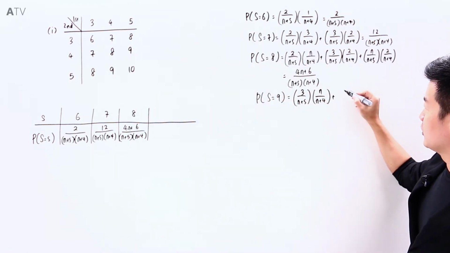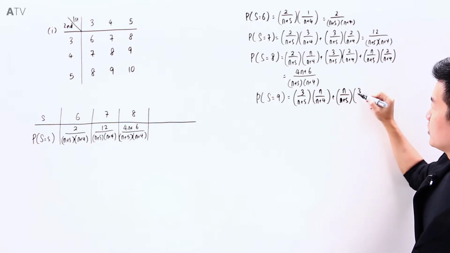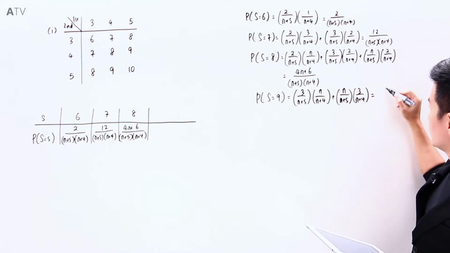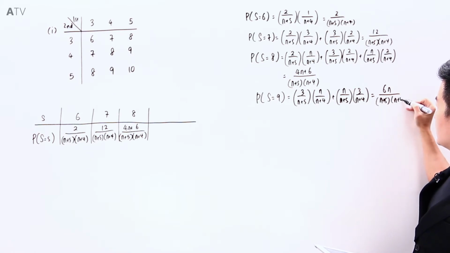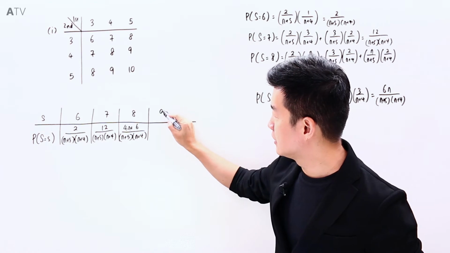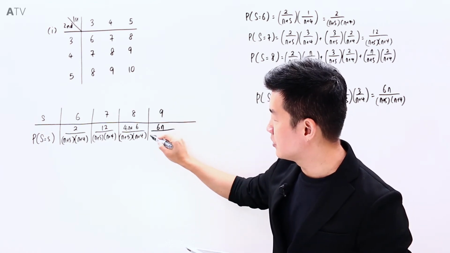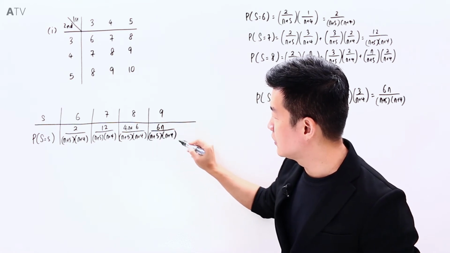So for the first one to be 5, it is n over n plus 5. The second one to be 4, it will be 3 over n plus 4. This is equal to 6n over n plus 5 times n plus 4. So when it is at 9, this is going to be 6n divided by n plus 5 n plus 4.